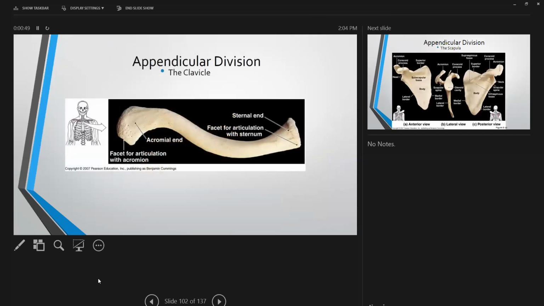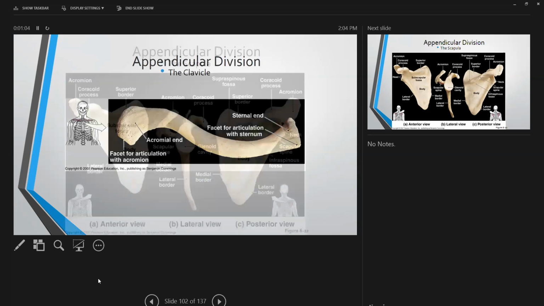So here's the appendicular skeleton, the clavicle. We've got the sternal end as well as the acromial end, and then the facet there, which is a site of articulation with the acromion.